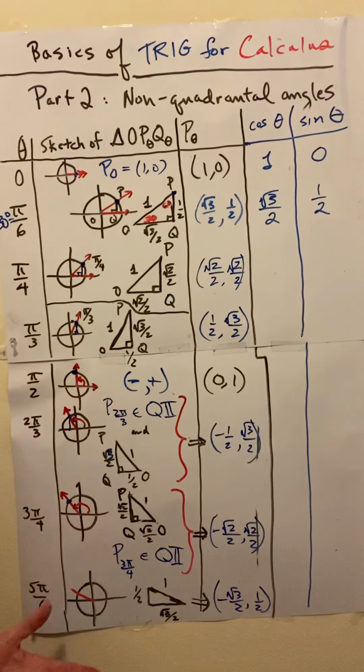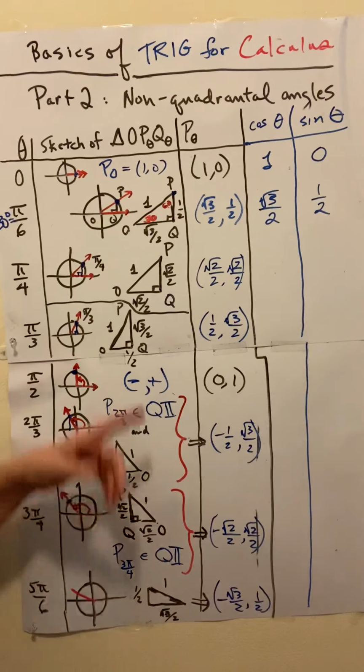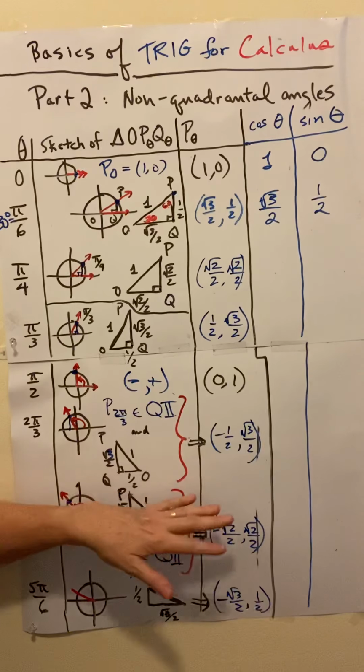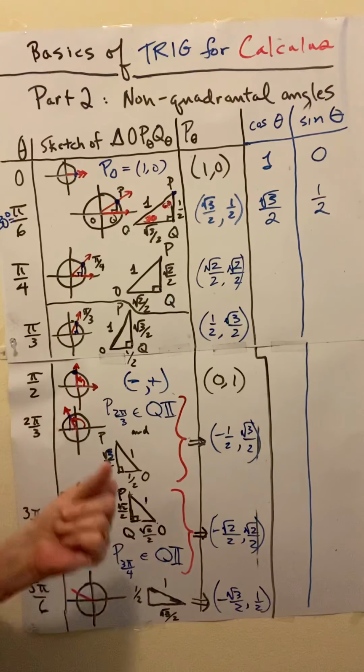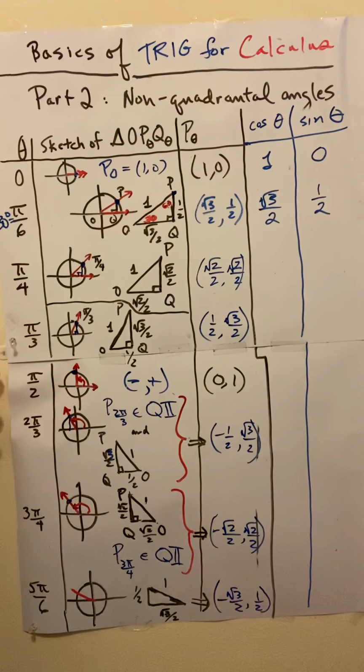So trying to memorize a whole bunch of rules about when the cosine and sine are positive or negative and so on and so forth is a fool's errand and is not what you want to be wasting your time doing when you go into the calculus. You've got to be able to find the cosine and sine of any standard angle or its multiples like that. This is how it's done.